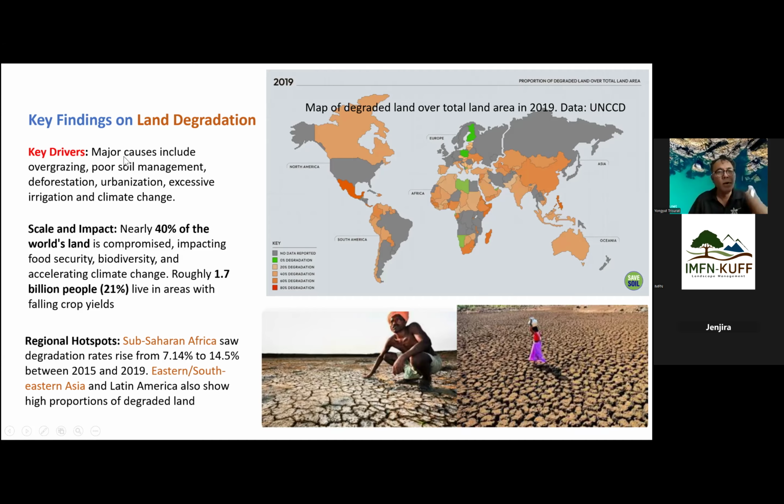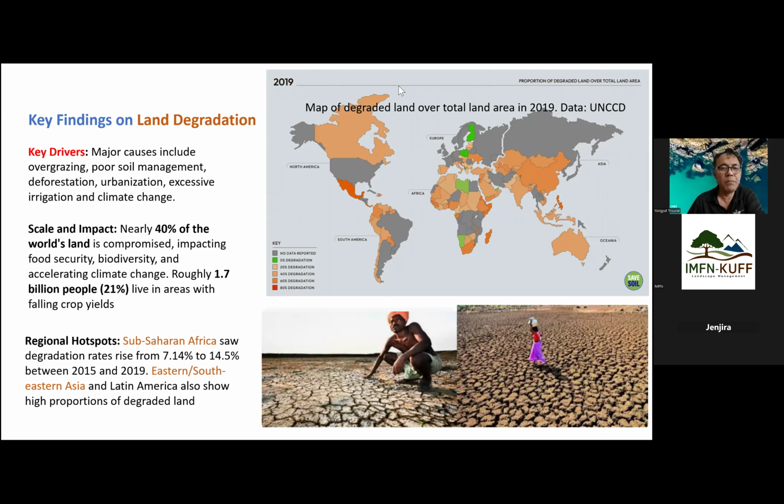Okay. So according to the report, the key drivers or the key pressures to land degradation include overgrazing, poor soil management, deforestation, urbanization. It means a lot of infrastructure development, and excessive irrigation and climate change.